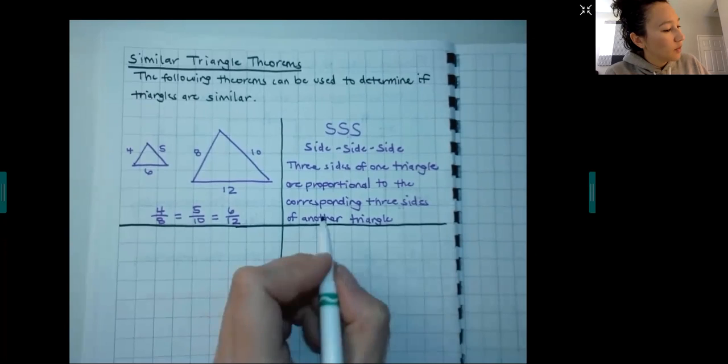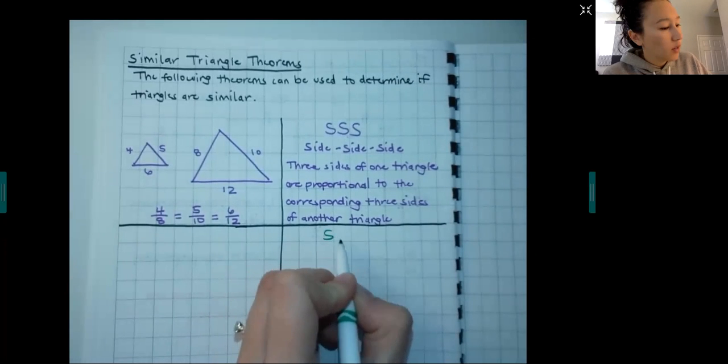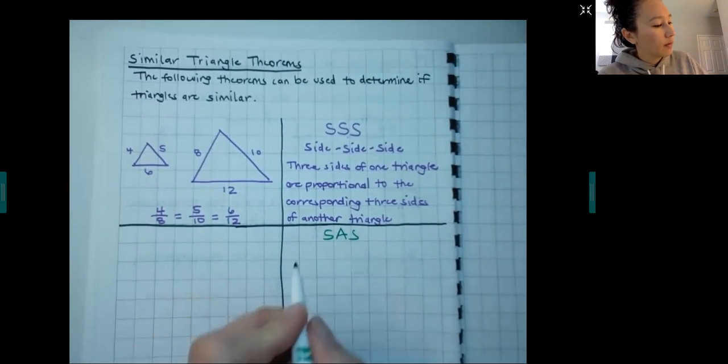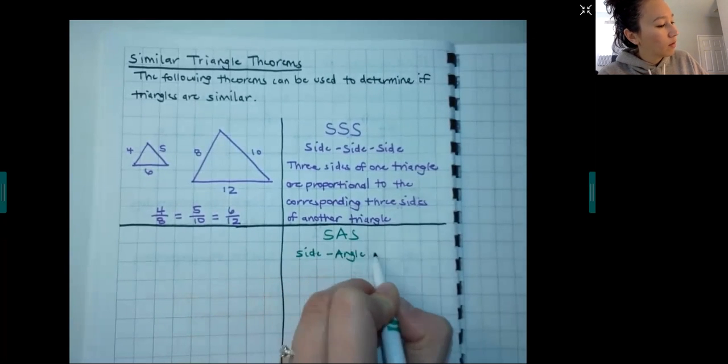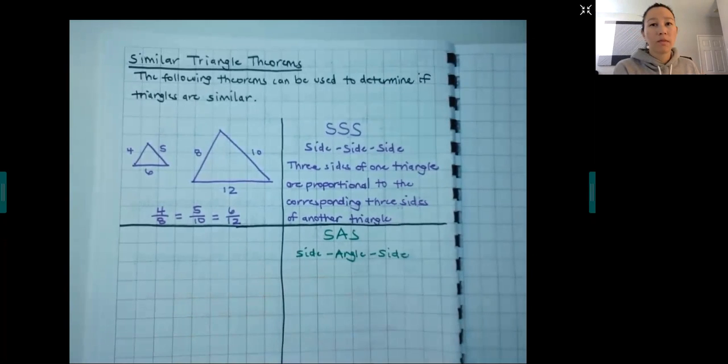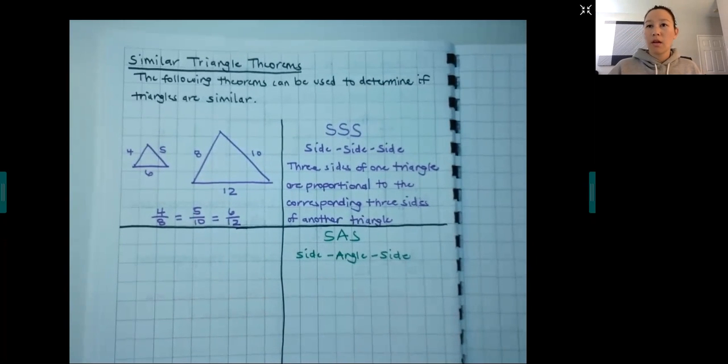And then next we have side, angle, side. So two sides of one triangle are proportional to the corresponding two sides of another triangle, and the included angles between the two sides are congruent.